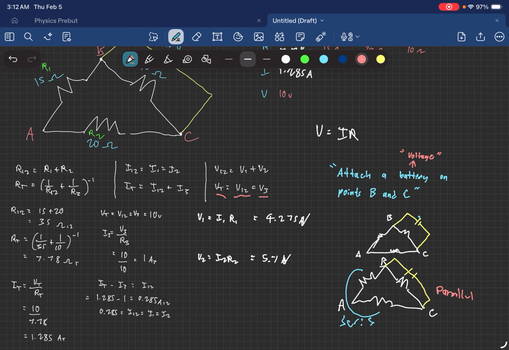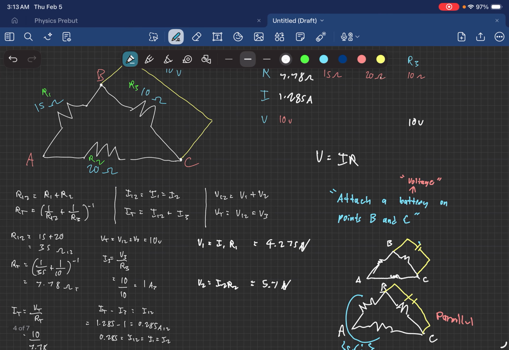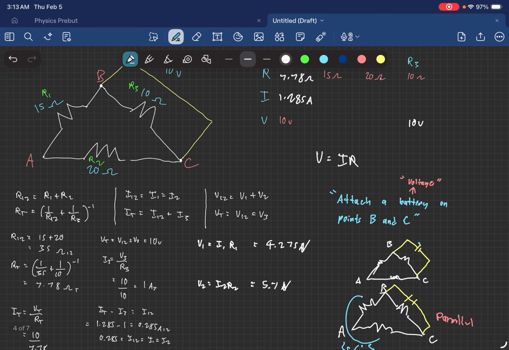So our voltage 3 is equal to 10 volts. And since we have two values, we can get the third one using the formula V over R. 10 over 10 is equal to 1 ampere.